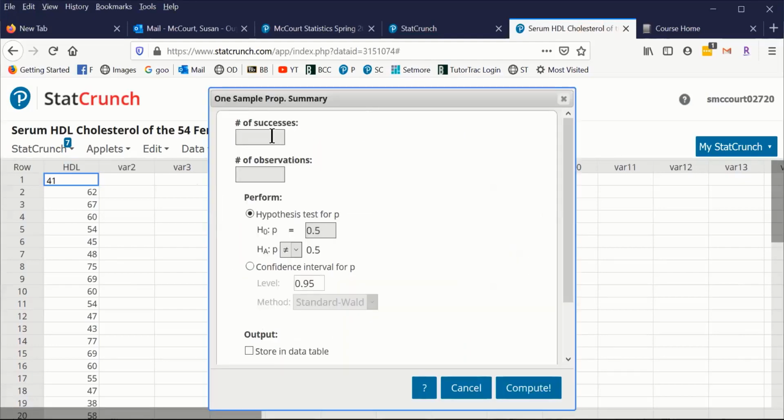Number of successes, 562. Number of observations, 1,000. Now we put in our hypothesis. P was 0.54, and we wanted to show that P is greater than 0.54. Any questions?